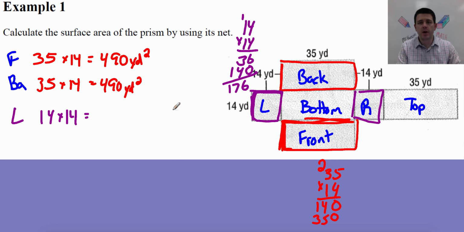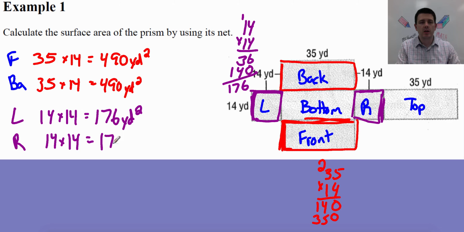Good thing I actually did the problem there. So I get 196 yards squared. That's for the left side. My right side is the same, 14 by 14. So the right-hand side is 14 times 14 is 196 yards squared.